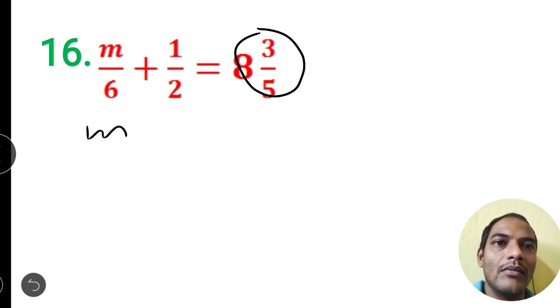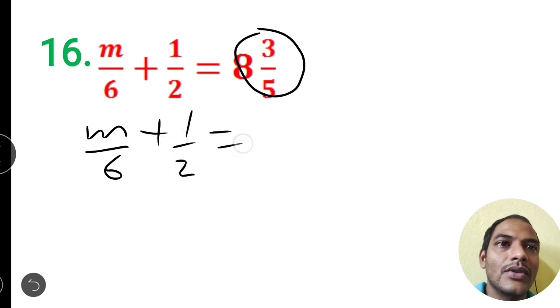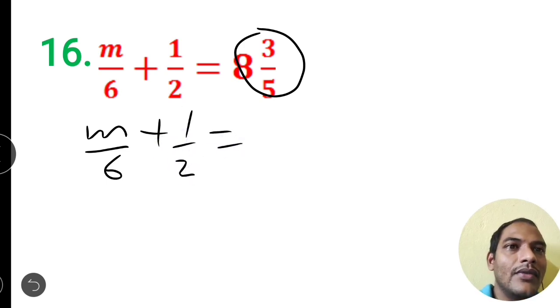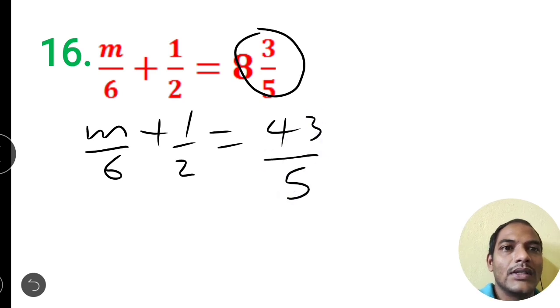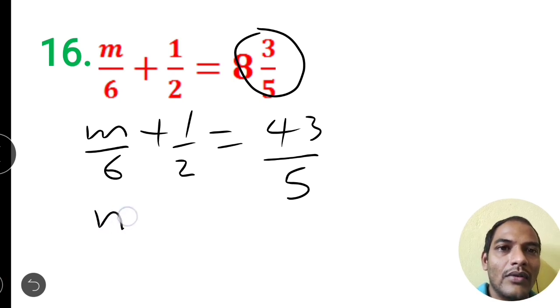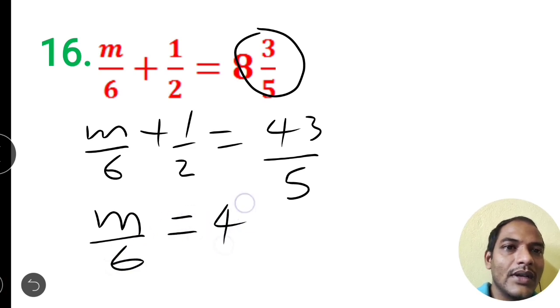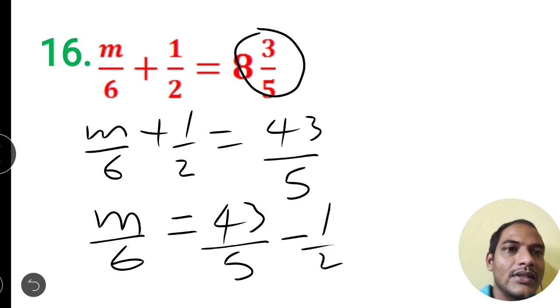So m divided by 6 plus 1 by 2 equals 5 8s are 40, 40 plus 3, 43 divided by 5. Next, the variable should be on the left side and constants on the right side. Here we have only one variable, that is m by 6, but constant numbers are 43 by 5 and 1 by 2, transposed to the RHS side as minus 1 by 2.